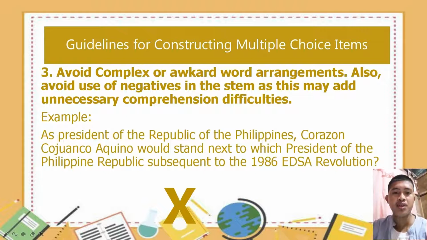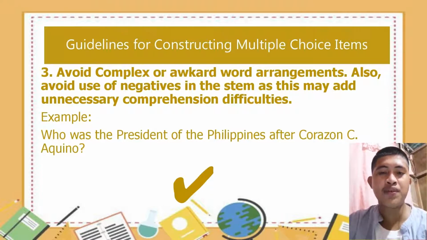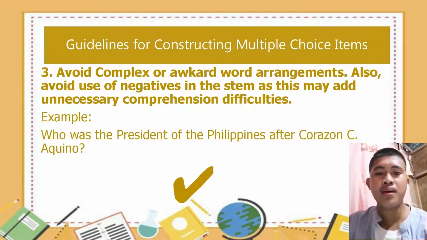In this example, it is very long, and there are some words that make the reading comprehension of the students difficult. So here is a better example: Who was the president of the Philippines after Corazon C. Aquino? As you can see, it is short and more direct than example number 1.